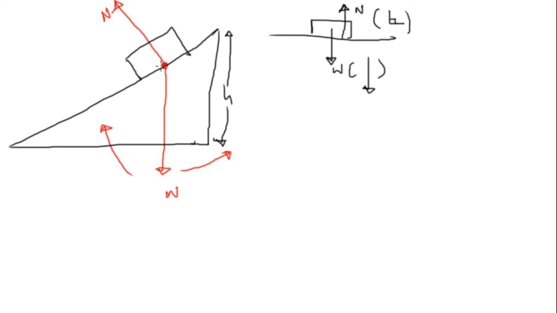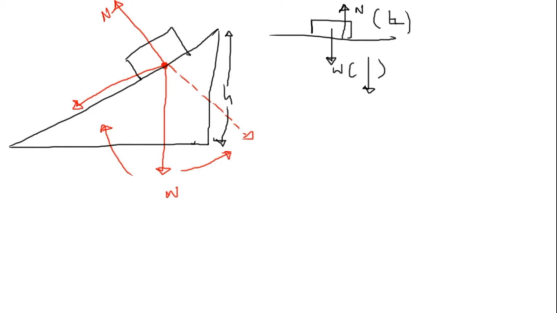If we resolve into its horizontal component, then we'll have something of this nature. If we resolve into its vertical component, then we'll have something of this nature. Now notice that the normal force is equal to the vertical component of the weight.